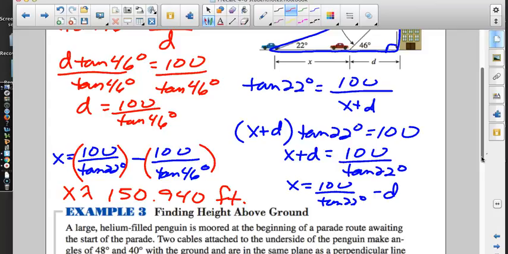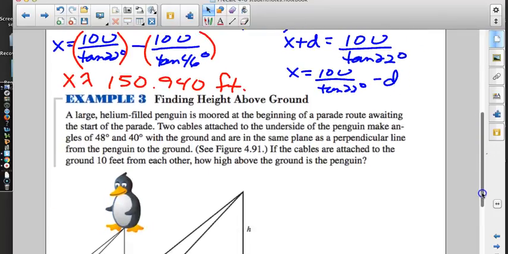So definitely, the first reason that we use trigonometry for things is indirect measurement. But this one, definitely indirect. We had to go a couple roundabout ways to get what we needed because we had two unknowns that we were working with. All right.